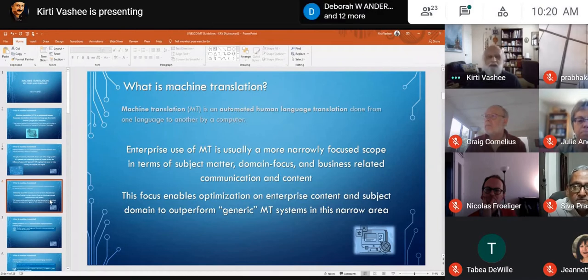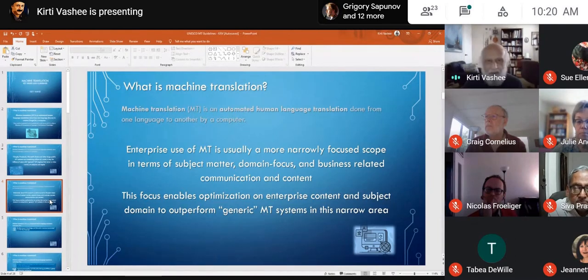And so, along with the generic engine portals, the public portals, there has been an increase in the number of capabilities available for individual enterprises to build MT engines that focus on the subject matter that they most care about.